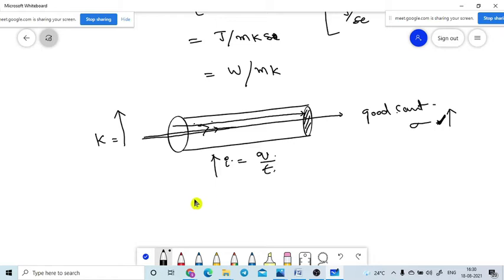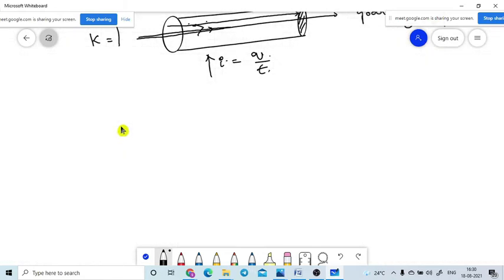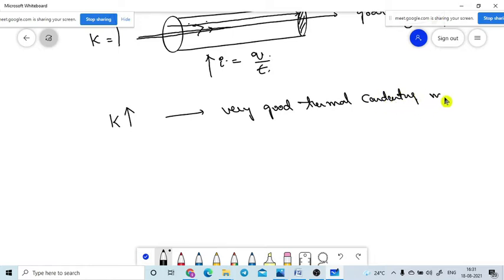In a similar manner, if K has a very high value, that means it is a good thermal conducting material. Are you getting that? Yes, sir. So how can you define which one is the best thermal conducting material?